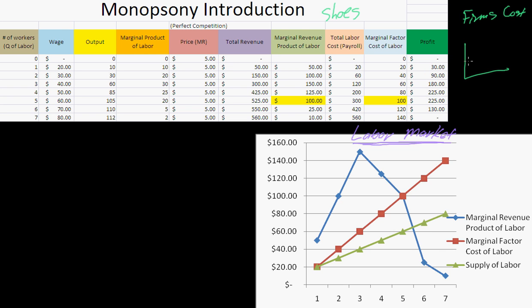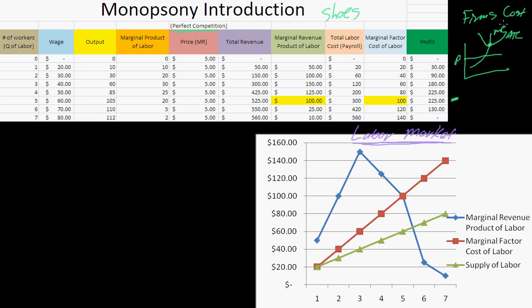We will have their price line right here, and then an upward sloping marginal cost curve, and marginal cost will intercept average total cost at its minimum. And this would be average total cost, and we see that they're making a profit. Because they're making a profit, we know this has to only be in the short run, because we saw that they were in a perfectly competitive market for shoes, because the price was constant. So this would only be in the short run.